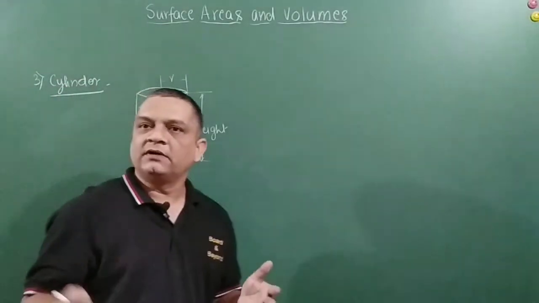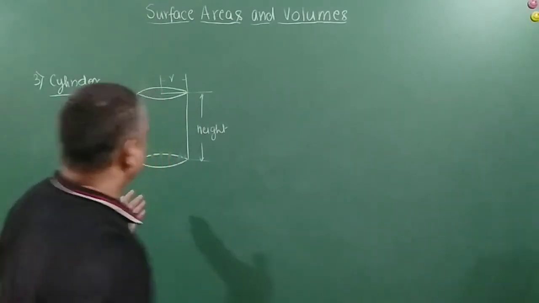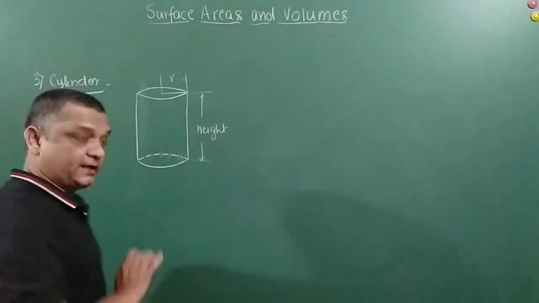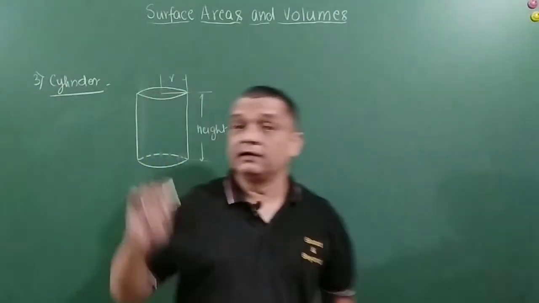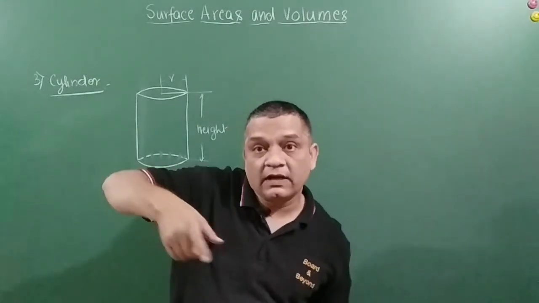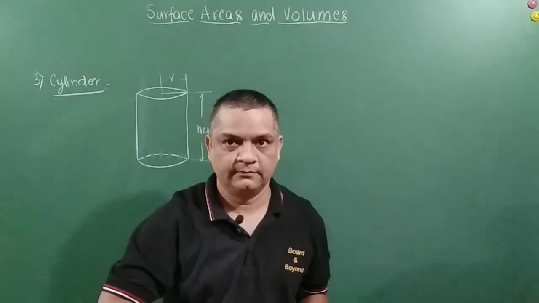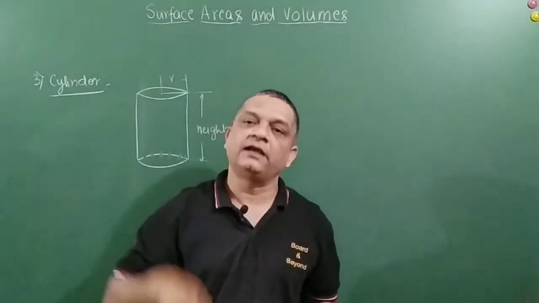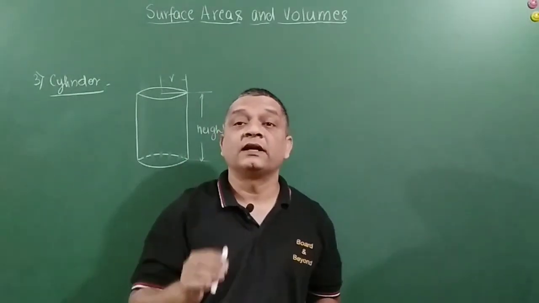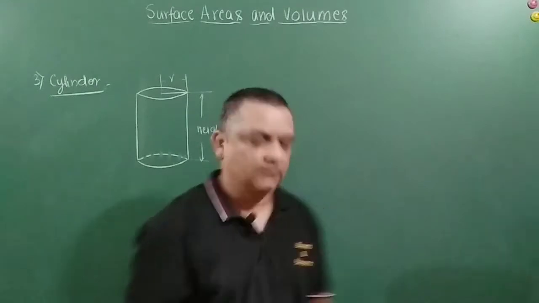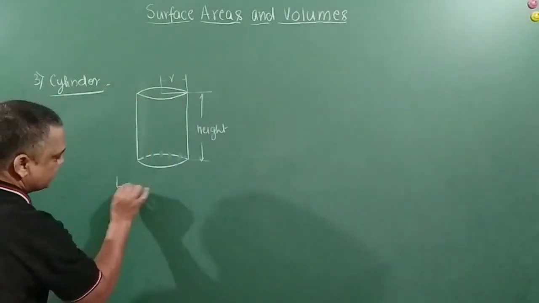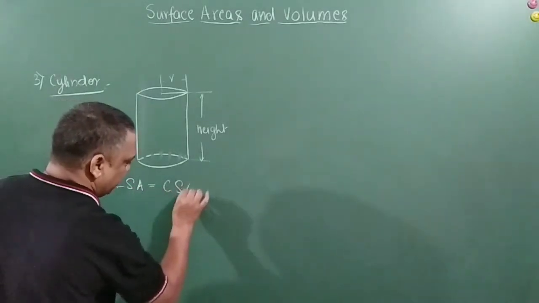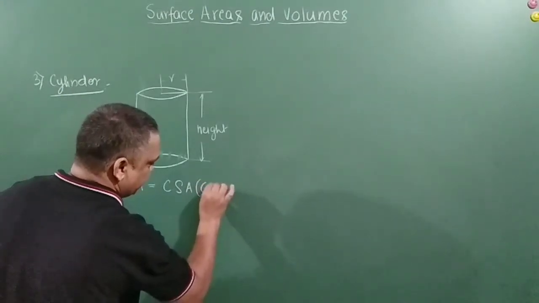Now, as you would have previously understood, let's focus on lateral surface area. But in cylinder, or wherever the corners are not well defined, like in cylinder, like in cone, like in sphere, like in hemisphere, we call that curved surface area. So here LSA, just for the first time I am writing, is equal to curved surface area.